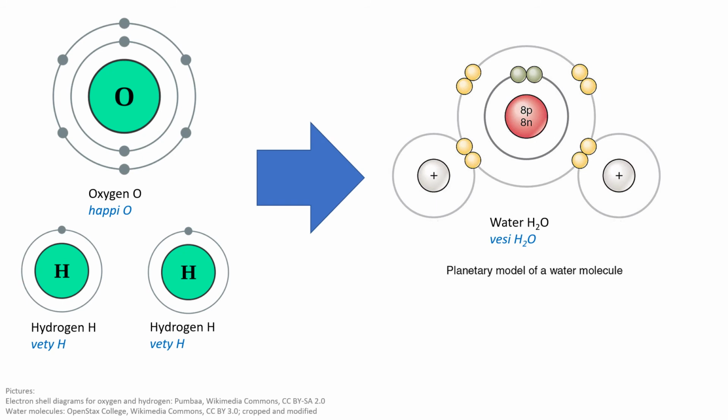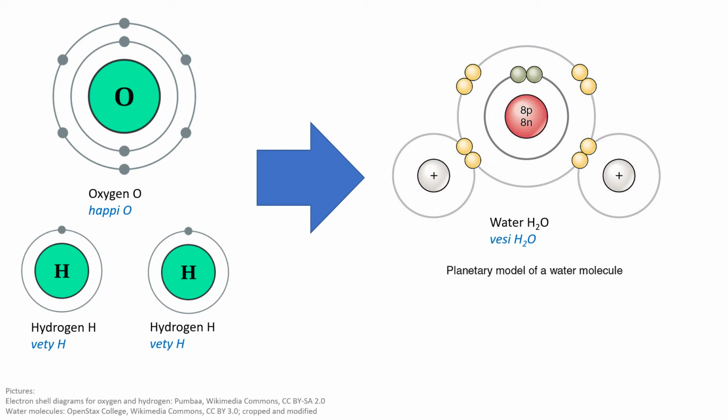The octet rule helps visualize how atoms combine by looking at how they share electrons. A simple example is the structure of a water molecule. Oxygen, with its 6 outermost electrons, can accommodate 2 more electrons to complete its outermost shell, which can hold a maximum of 8 electrons.